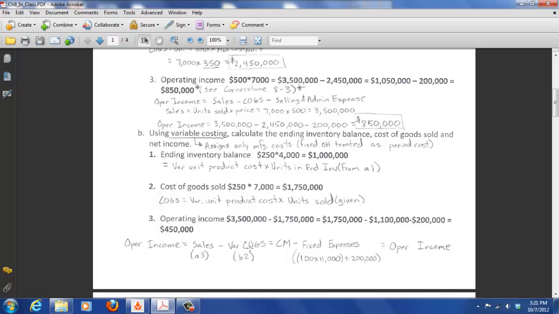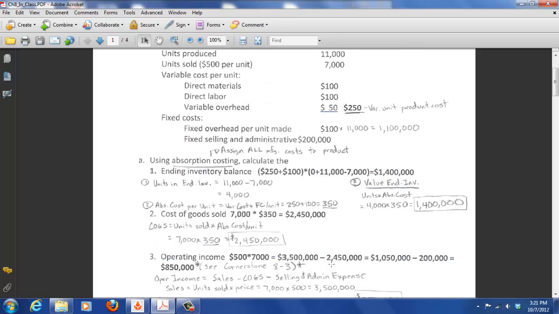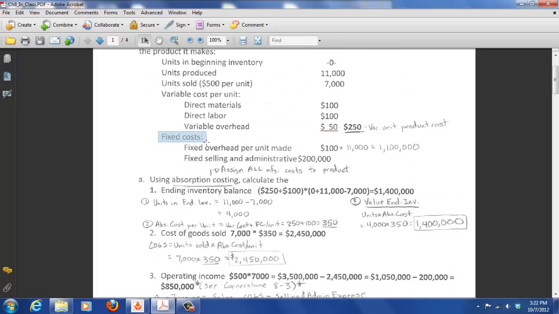The variable cost of goods sold we just calculated. We grab that from above, it's 1.75 million, so we can make that subtraction, and we see that our contribution margin is 1.75 million. From here, we subtract out the fixed expenses. Looking back up to the problem, we have $100 in fixed overhead per unit.